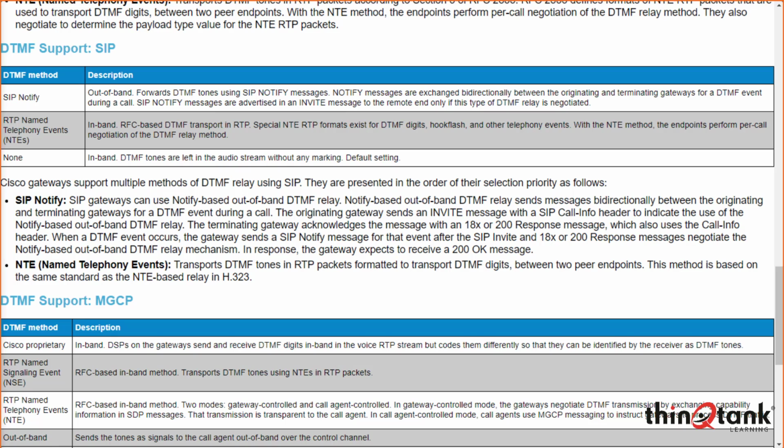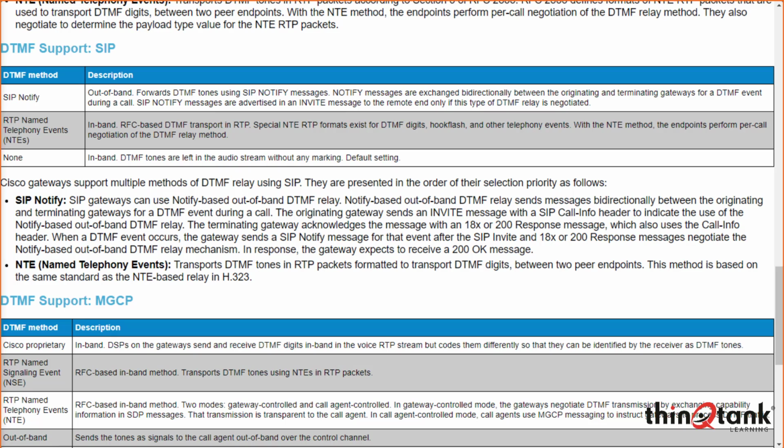And we will either acknowledge that with a 18X or a 200 response message, which uses the call info header. And then once the DTMF button is pushed or once the DTMF signal is generated, we send a SIP notify message for that particular event. After the SIP invite, we can identify the DTMF transactions based on that.